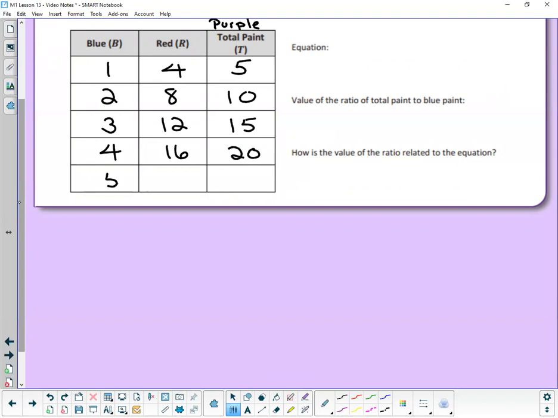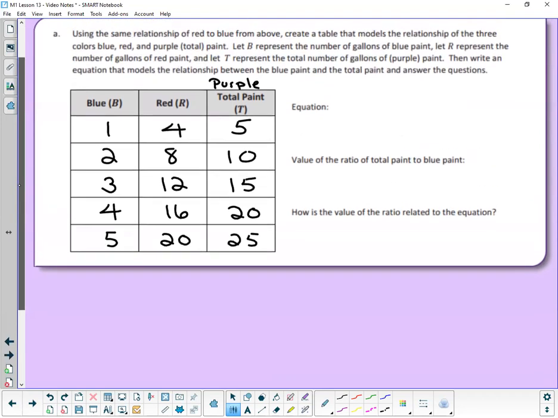And if I have 5 gallons of blue, that means I have 20 gallons of red. I have a total of 25 gallons of paint. Now, look, again, looking at the structure of the table. The blues I'm counting by 1s, the reds I'm counting by 4s, the total I'm counting by 5s.